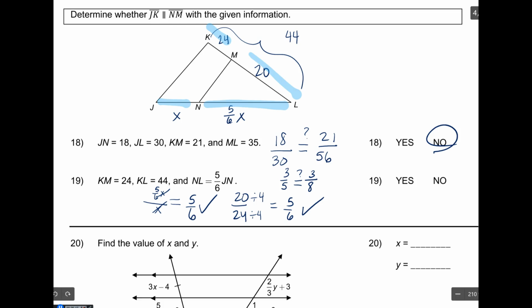We could do it that way. So I could say 20 over 44 would be equal to 5/6x over x plus 5/6x. That is 11/6x. If I put 24 there, I'll just put x here and x there.